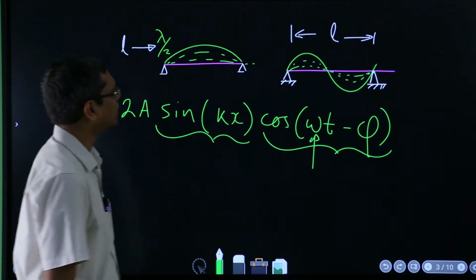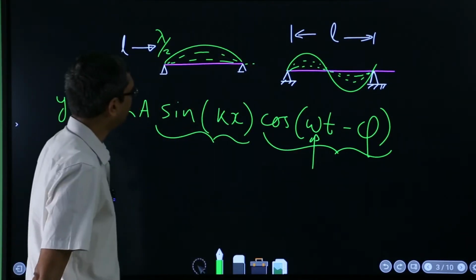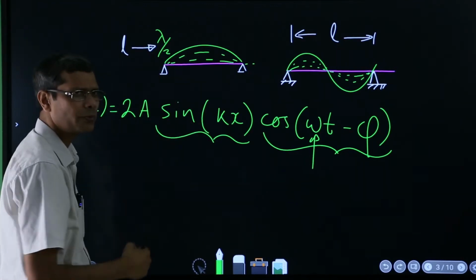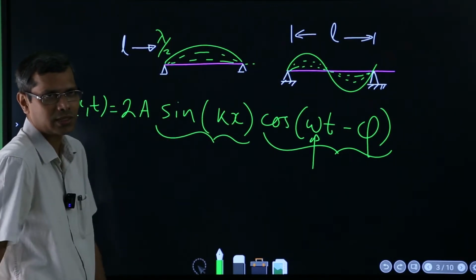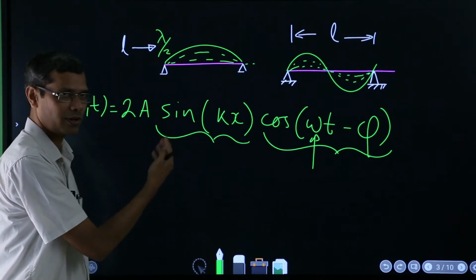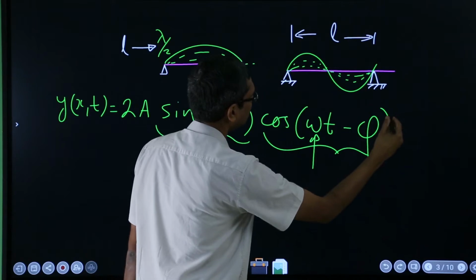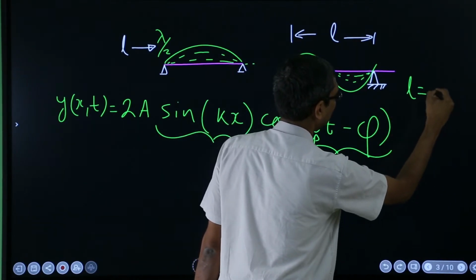Now in this case, can we go below this? We can't. So that is the best we can do. Now here your L will be lambda.